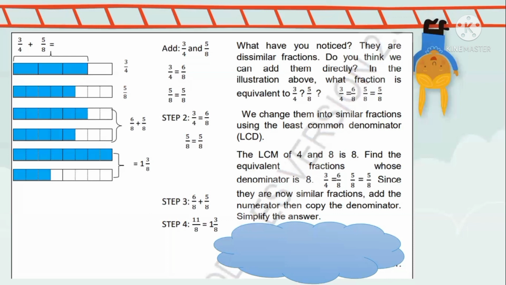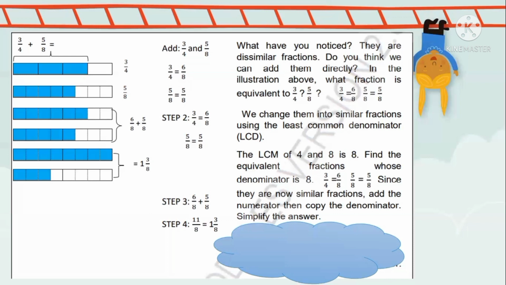So you have 6. So 3/4 is equivalent to 6/8. And do the same thing with 5/8. So the least common denominator is 8. 8 divided by 8 is 1, times 5 is 5. That's why you have the new numerator, which is 5. So now, they are similar fractions.